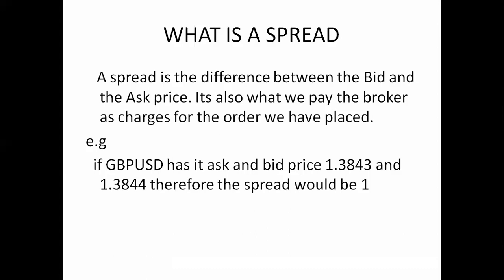So when we say 44 minus 43, we have what? 1. That is to say that the cost of this transaction, whether I would be buying or selling, is that the broker will be charging me 1 pip to perform that task. We get that? That's what the spread is all about. So it's not something much.